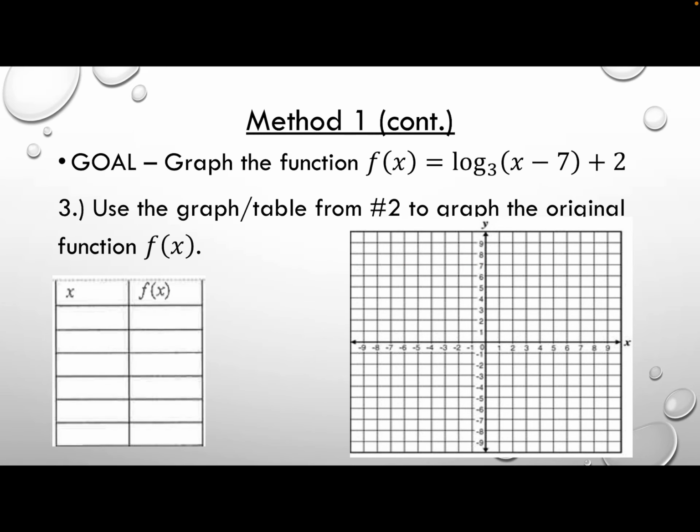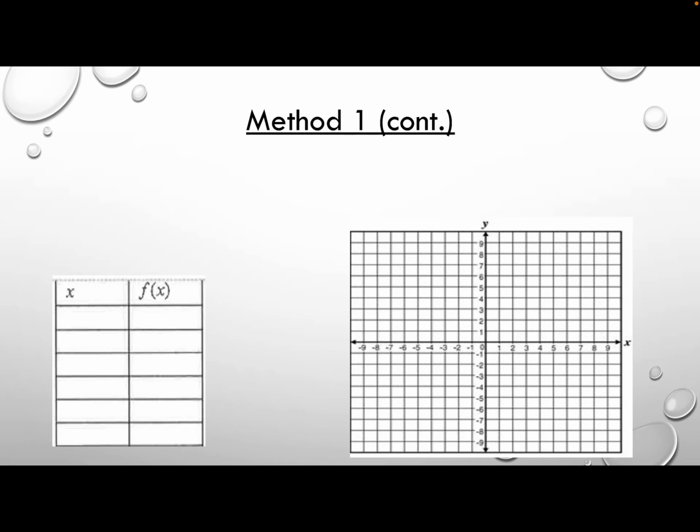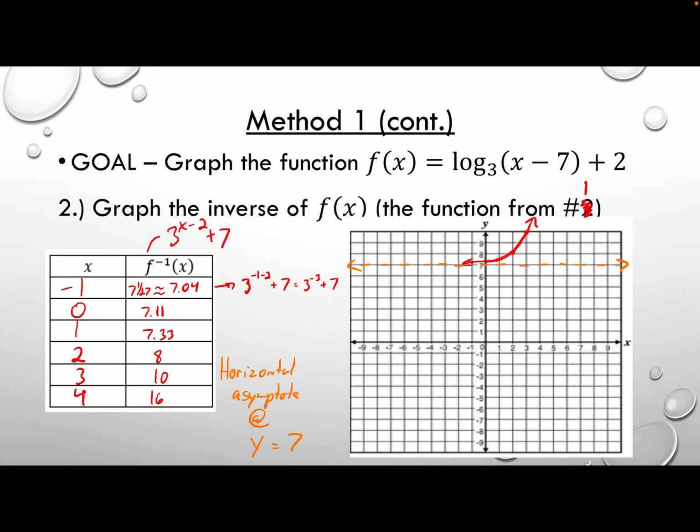So number 3, use the graph/table from number 2 to graph the original function. So why did we do the graph/table in the previous slide? Well, this is where knowing the relationship between inverses comes into play.